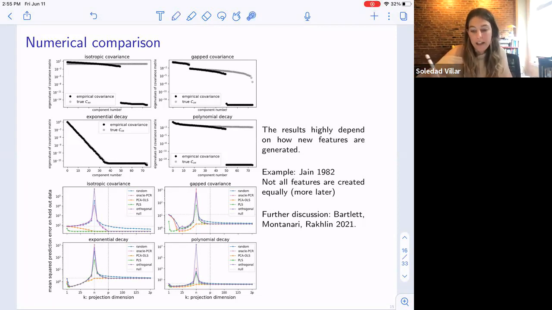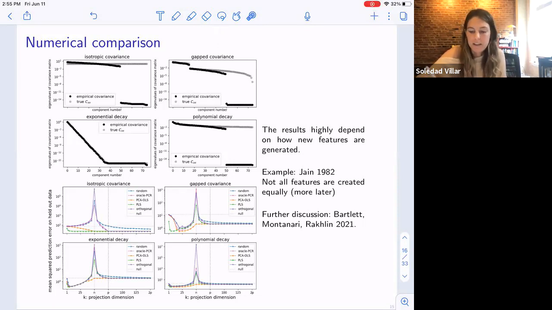The other thing I wanted to discuss is that these results are highly dependent on how the new features are generated. It's not very clear that more features will help your regression.